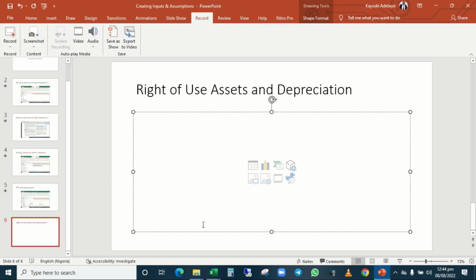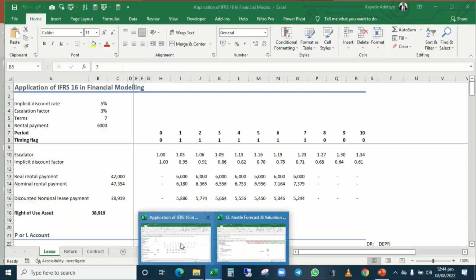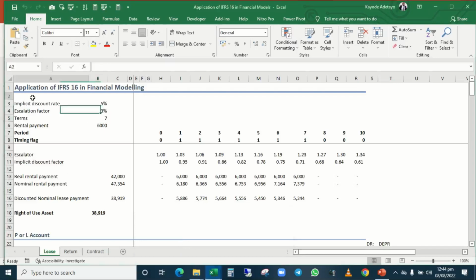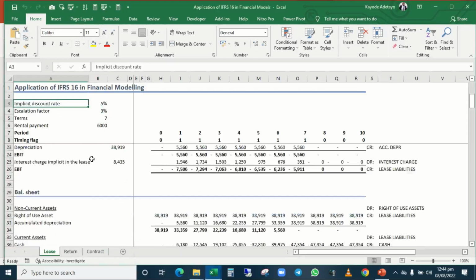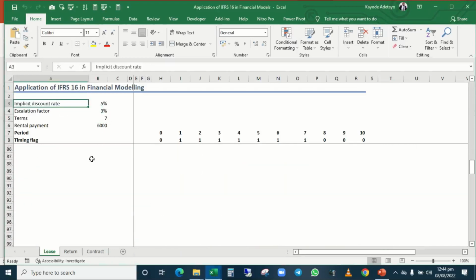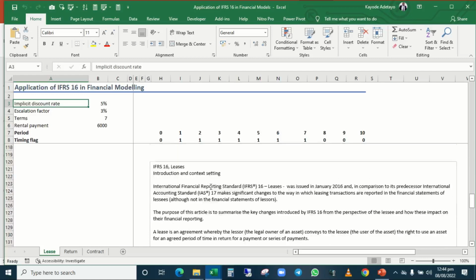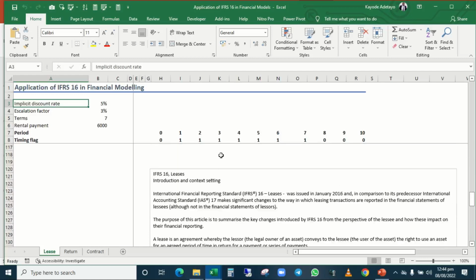It emanates from IFRS 16, which is the IFRS on lease. IFRS 16 lays out how a lease should be recognized in the financial statements.